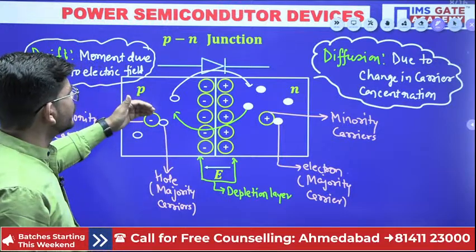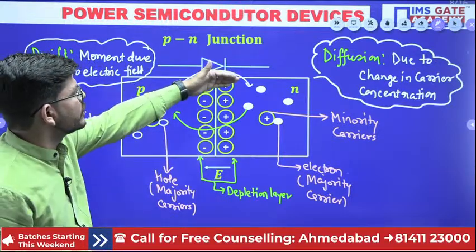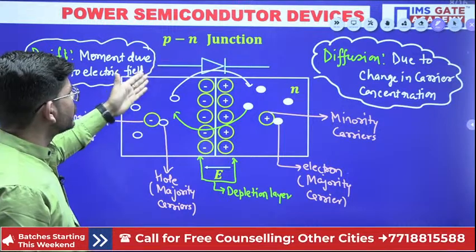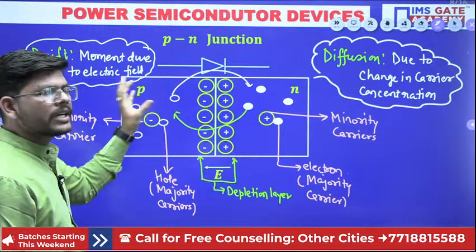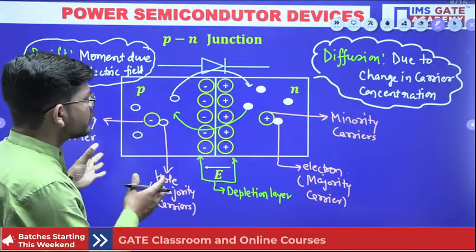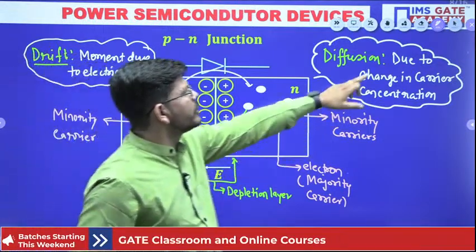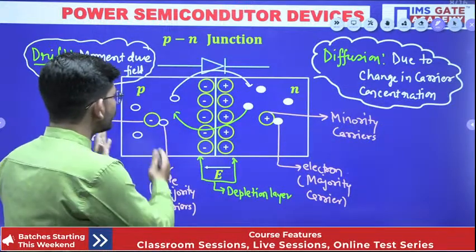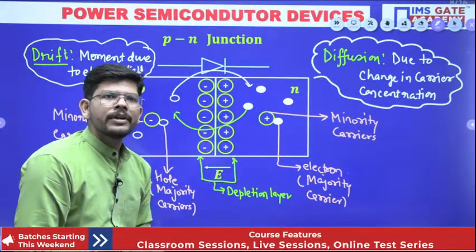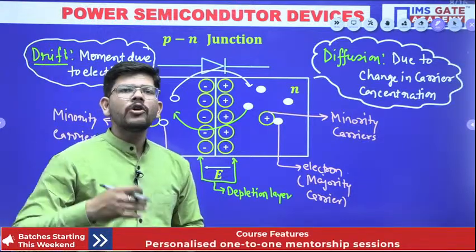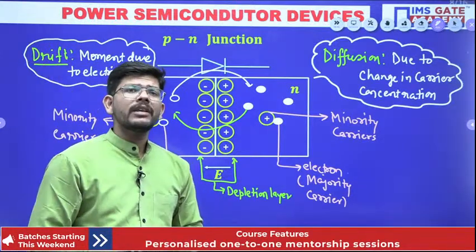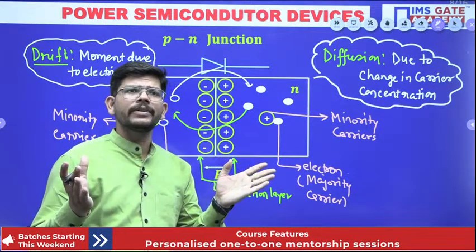Here you can also see that there is a change in concentration, so we get a diffusion current as well due to the change in carrier concentration towards N and P type. This is all about a PN junction when P and N type wafers are combined.